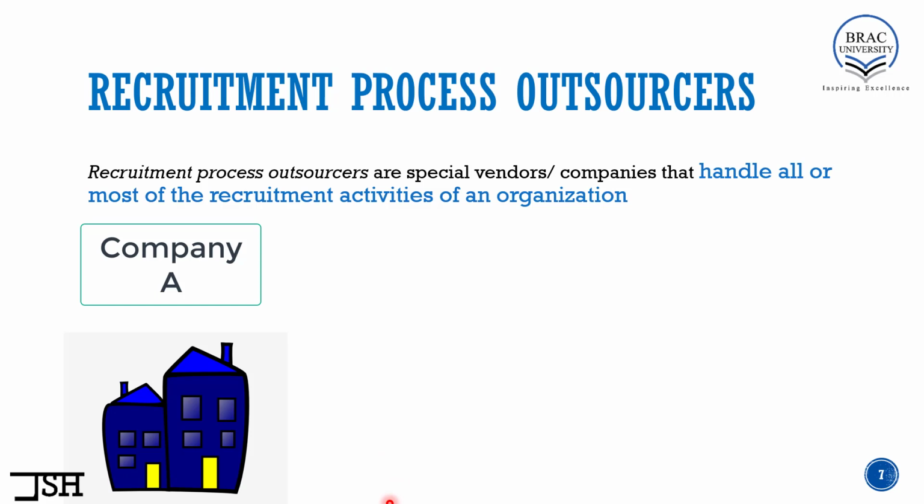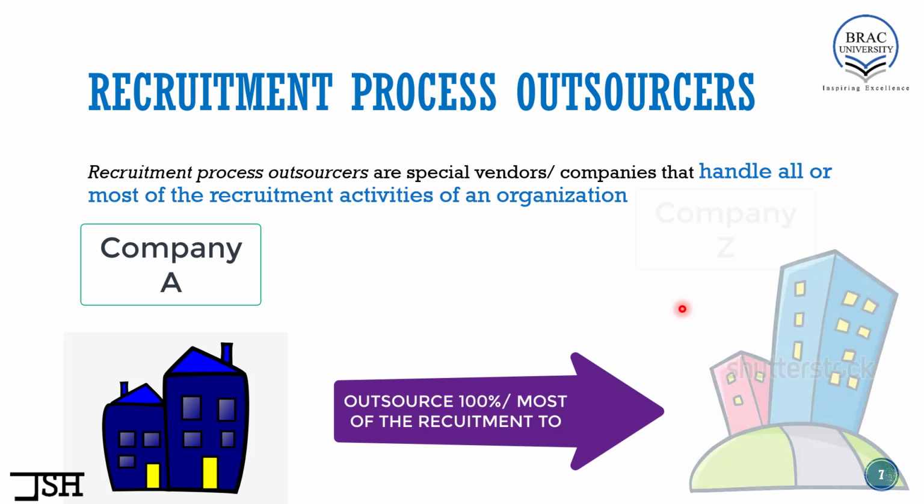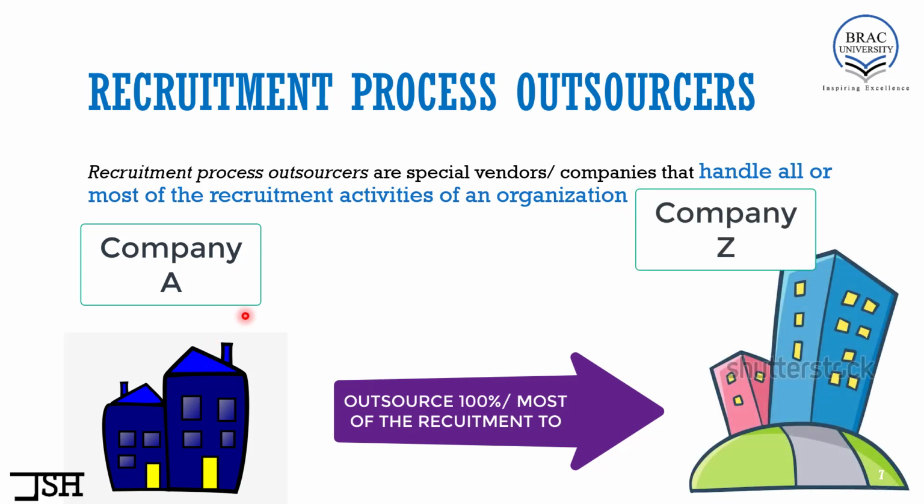Now, instead of doing any of these recruiting activities on their own, company A decides to outsource 100% of their recruitment activities to company Z. Whatever the type of recruitment is, whoever needs to be recruited, company A is not going to do it on their own. Rather, they are going to get it done by company Z. So they are outsourcing 100% of their recruitment activities.